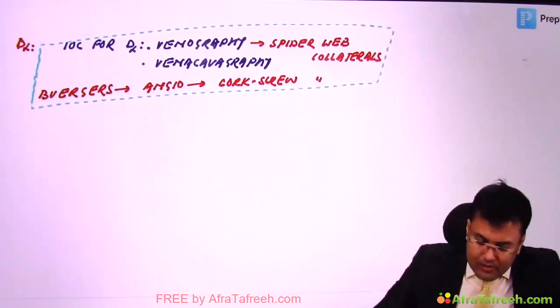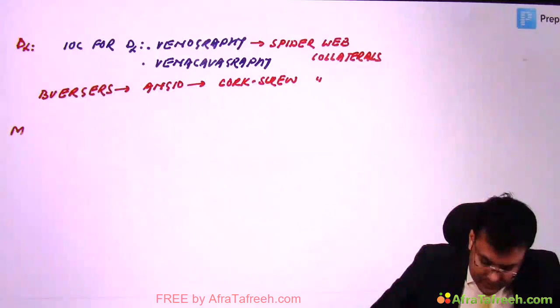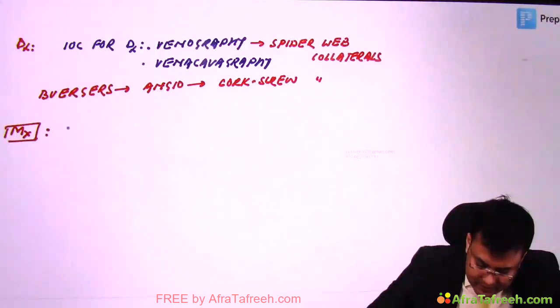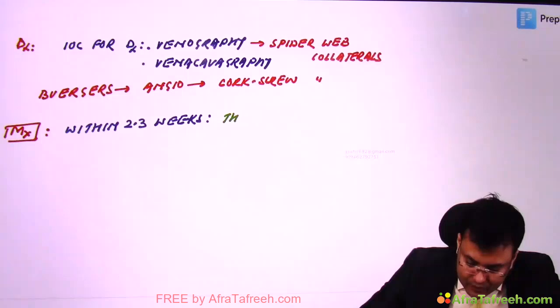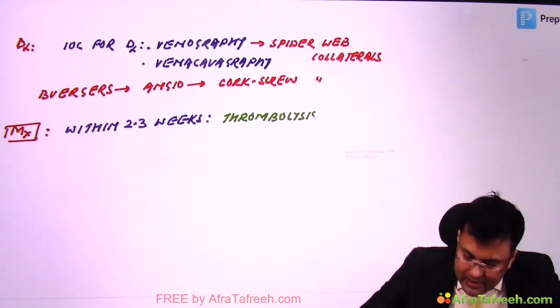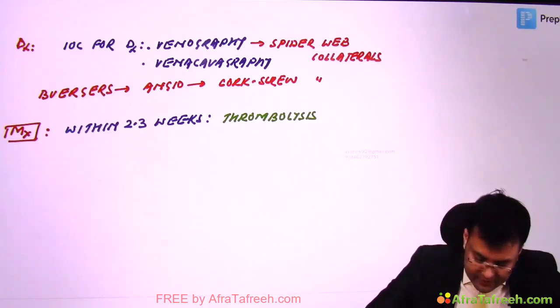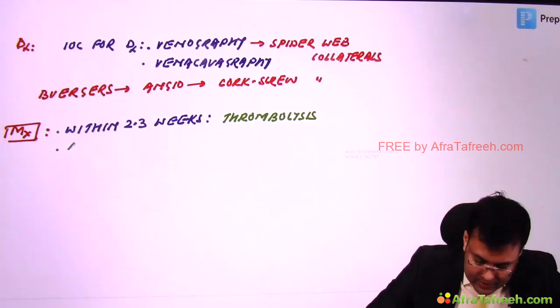Anticoagulants. So management: if the patient comes within 2 to 3 weeks, that's the window period. In that case, thrombolysis. And in patients of venous thrombosis, we have to start anticoagulants.